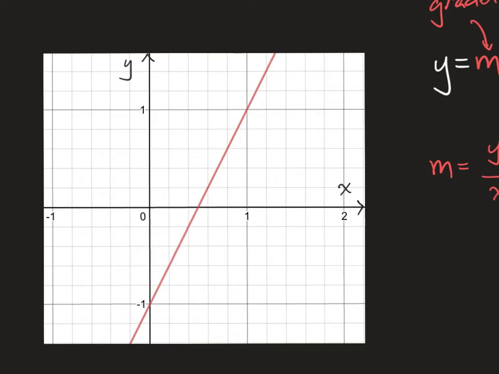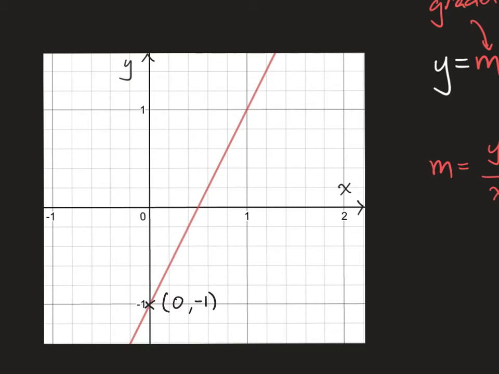We pick any 2 points. The thing is, with any 2 points you can form an entire line. So let's just pick 2 points that are easy to read. This point here looks easy to read, and my x coordinate is 0 and my y coordinate is -1.